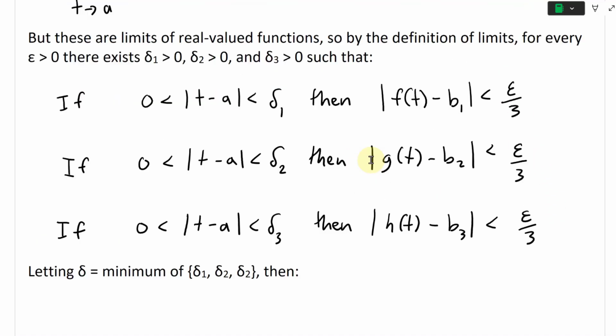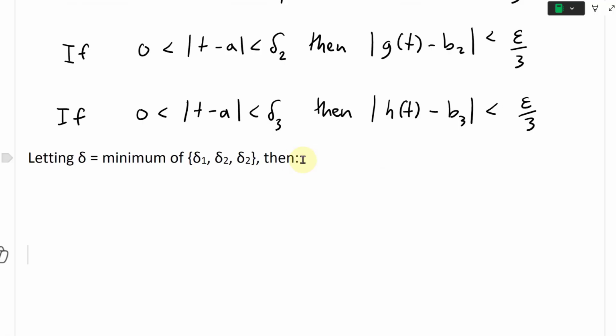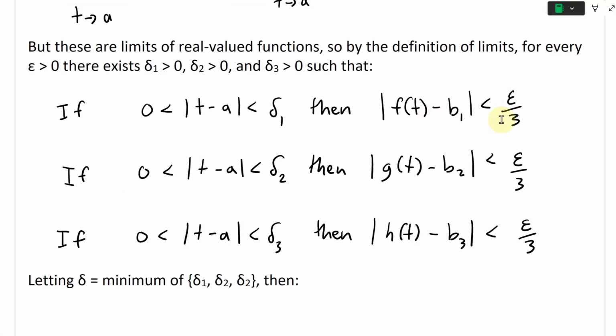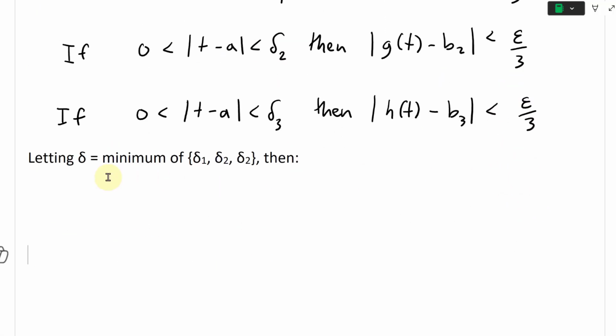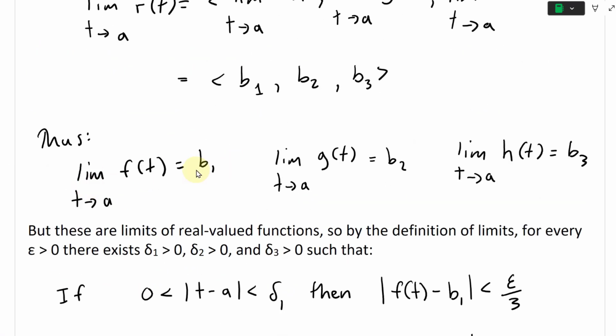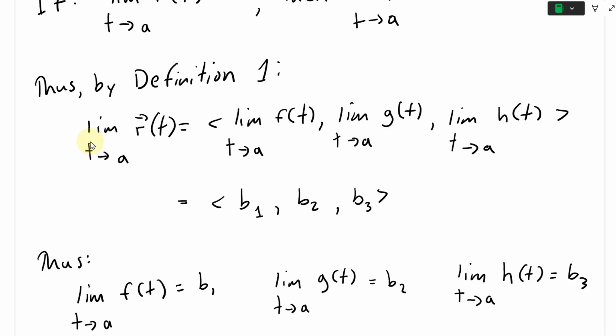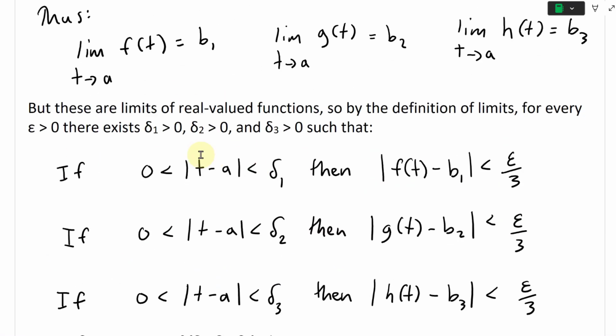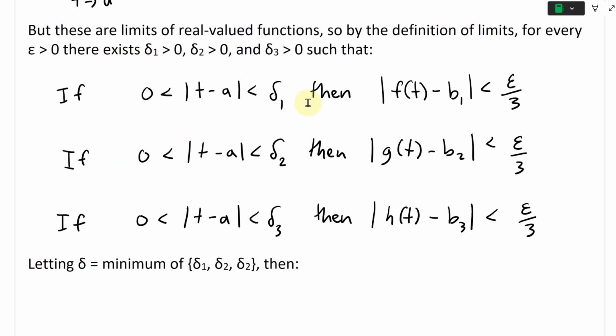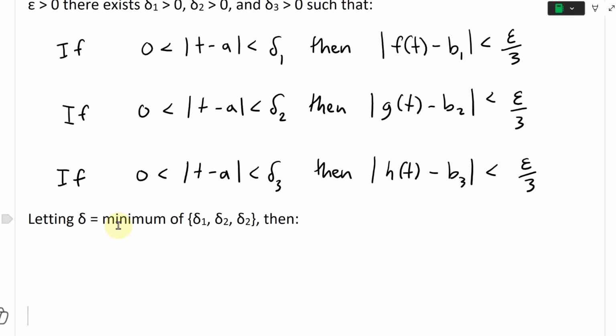All right, and so now we'll put these all together. You'll realize why we divided by 3. Basically, we're going to sum all these up because we want the full summation, because we want to deal with the vector function as opposed to just the components. These are the individual components as limits. So now we let delta, without a subscript, equal the minimum of delta 1, 2, and 3.